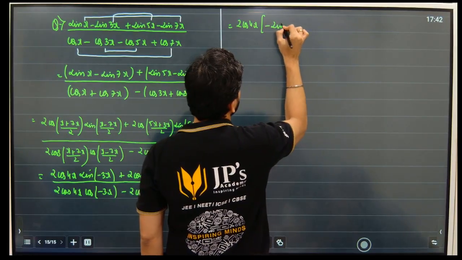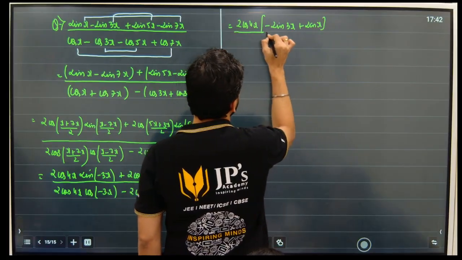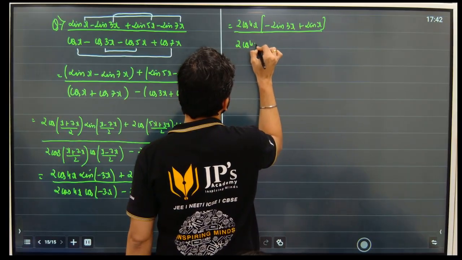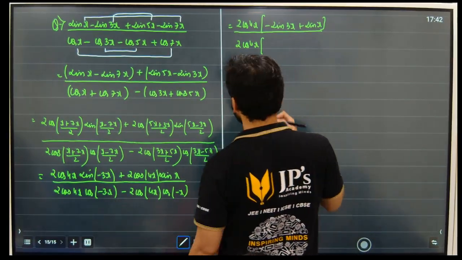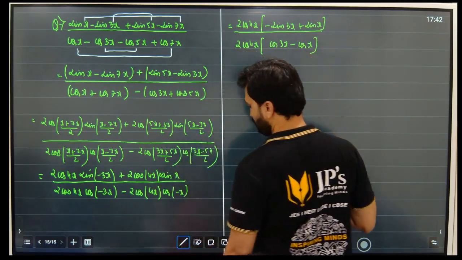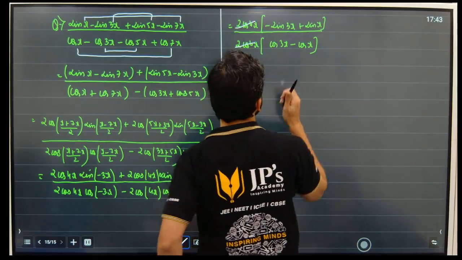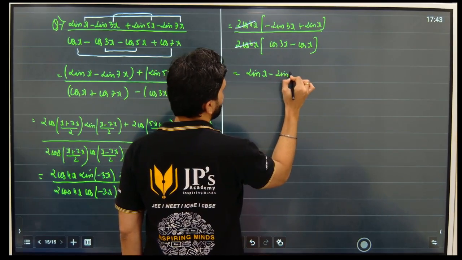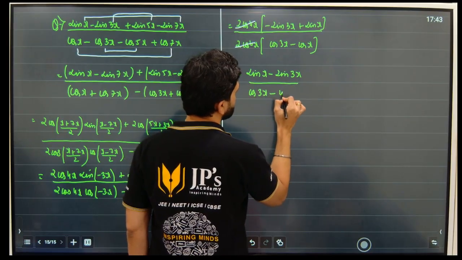So minus sine 3x plus sine x, the whole upon, if I take 2 cos 4x from the denominator, I will get cos of minus 3x is cos 3x minus cos x, because cos of minus theta is cos theta. This entire term gets eliminated. Now I'll write it neatly, which is sin x minus sin 3x upon cos 3x minus cos x.